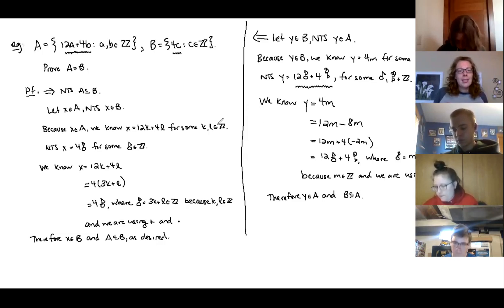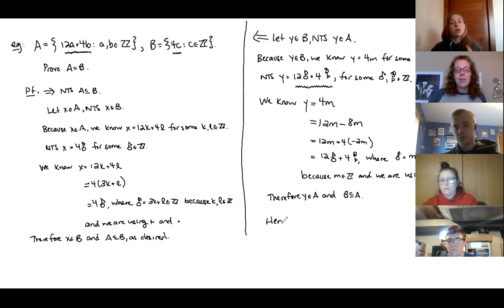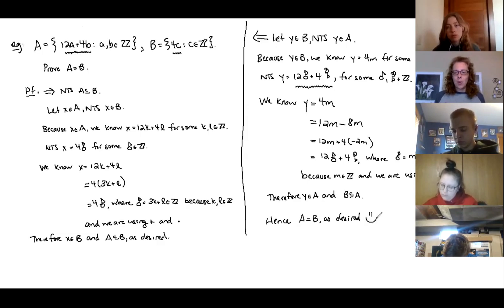In order for y to live in A, y needed to look like 12 times something plus 4 times something else. We got that, that's great. And I can go with hence in order to finish. So hence, A is equal to B as desired. That is the end. I have done both directions of my proof, and that one earns me a smiley face.